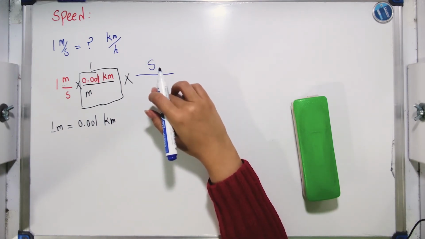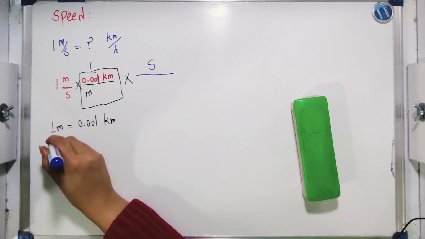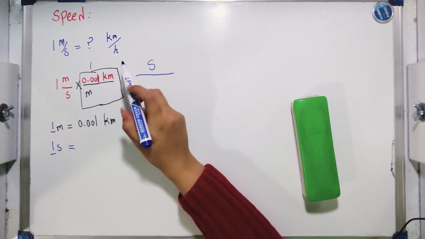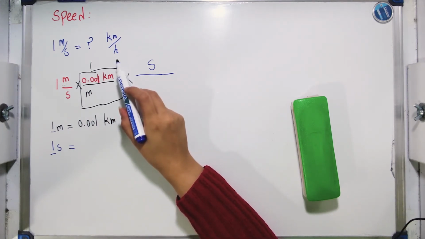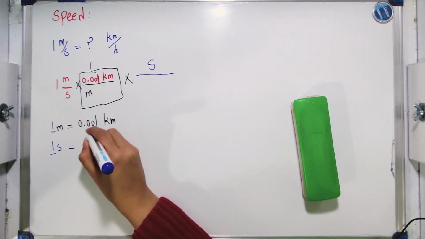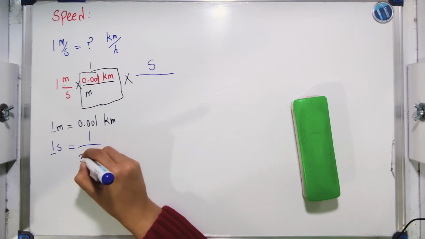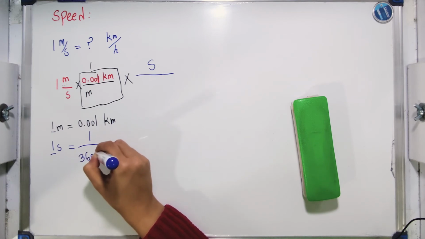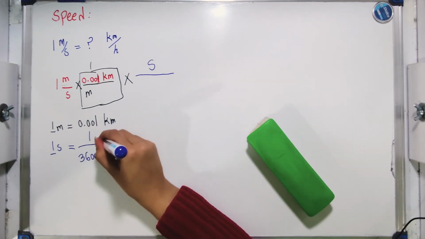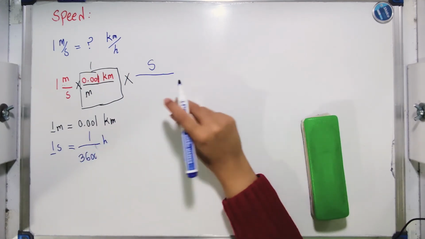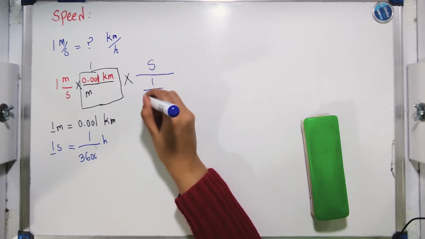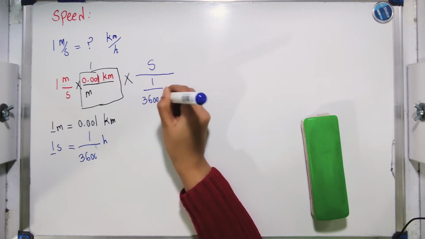So instead of putting 1 second, I have to put its hour value. You know that every 1 second is equal to 1 over 3,600 hours. Hours will be up. So instead of putting second down, I put 1 over 3,600 hours.